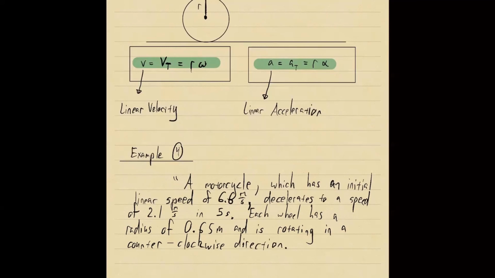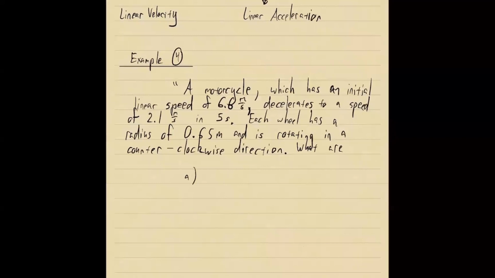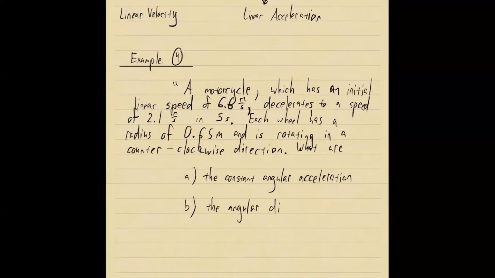So what are A, the constant angular acceleration, and B, the angular displacement of each wheel. Okay.